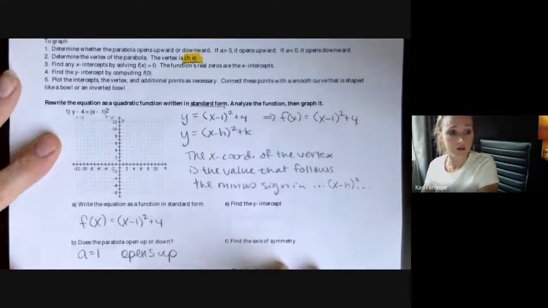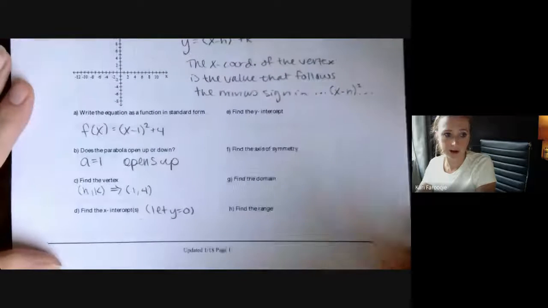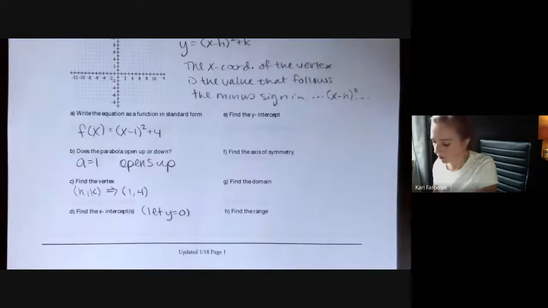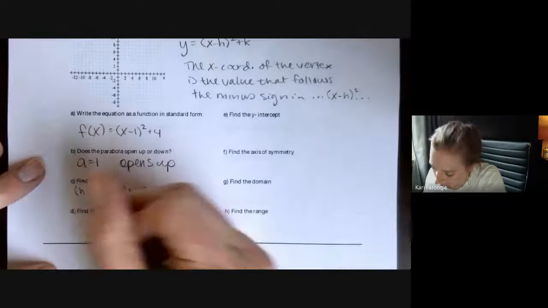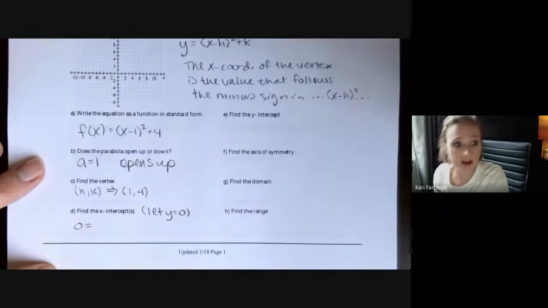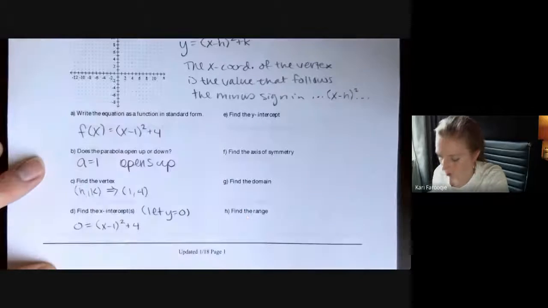All right, to find the x-intercepts, we solve for f of x equals 0. If you want to call it y equals 0, fine, doesn't matter. Whenever you're finding x-intercepts, you're letting y equal 0. So go ahead and go back to your function. And we're saying now 0 is equal to x minus 1 squared plus 4.